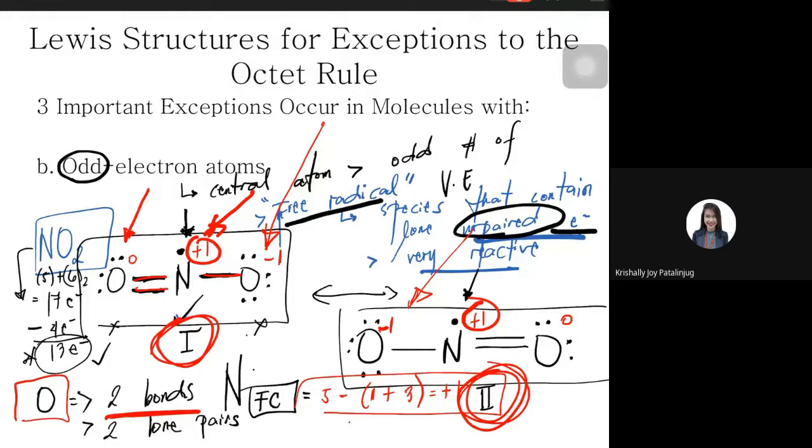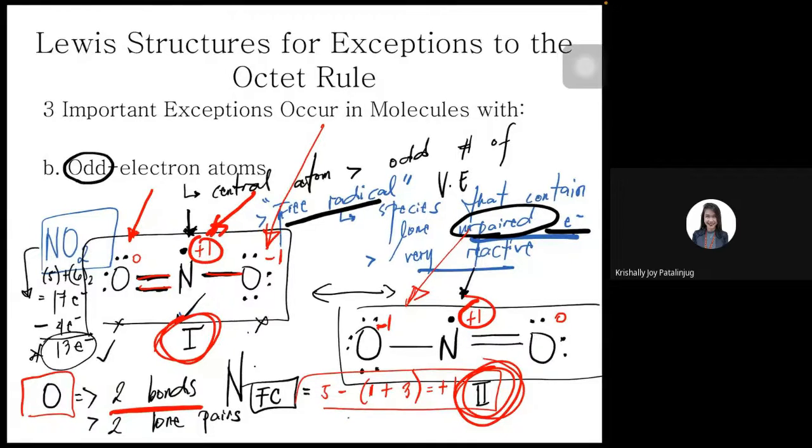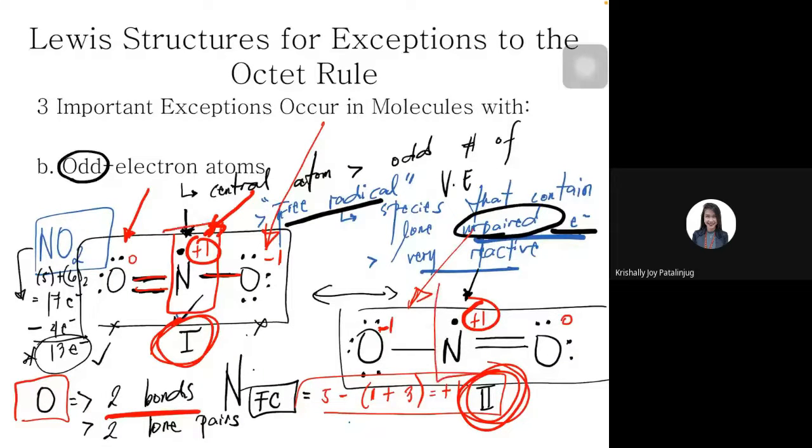Now, ma'am, how can we attain the stable state of nitrogen in this molecule of nitrogen dioxide? Of course, we would really conclude na having a lone electron, unpaired electron, hindi talaga stable ang nitrogen dyan. That makes it very reactive.